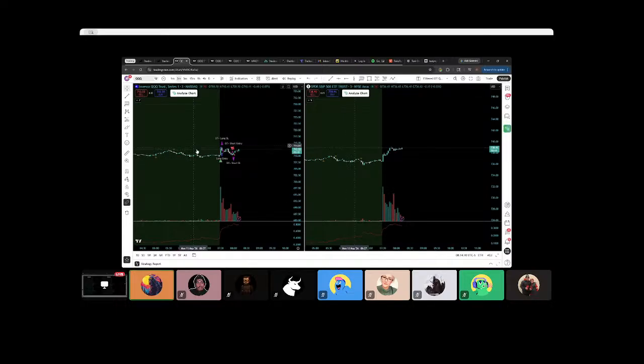See if we can break the high. Is it starting to push up to it?